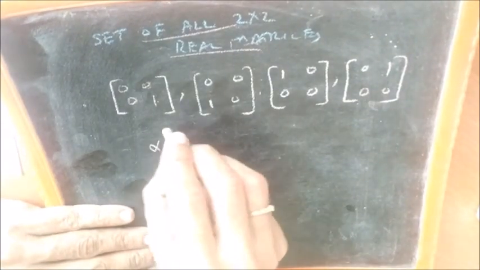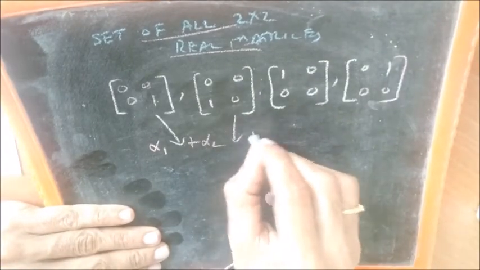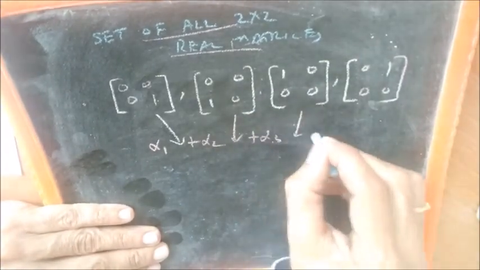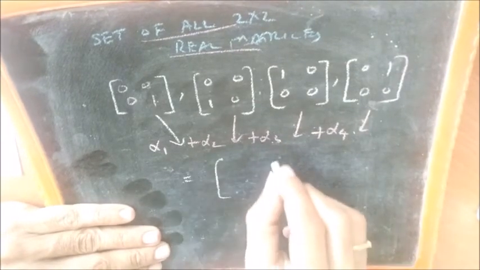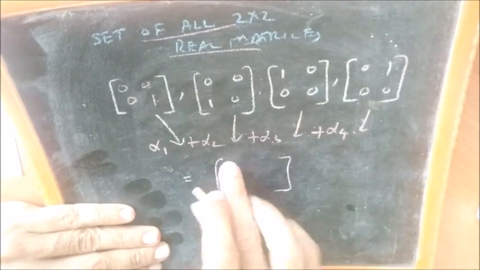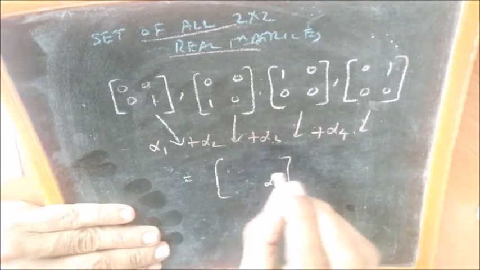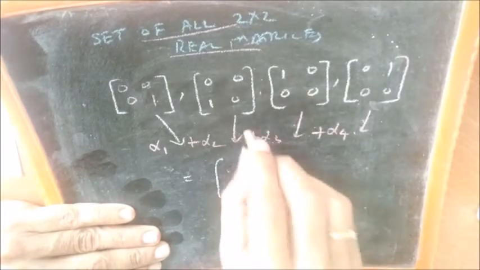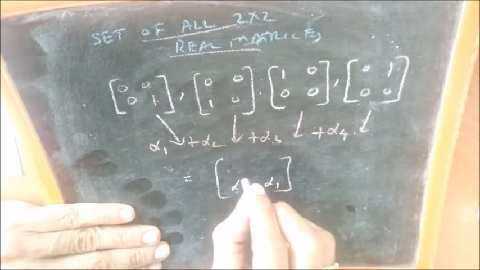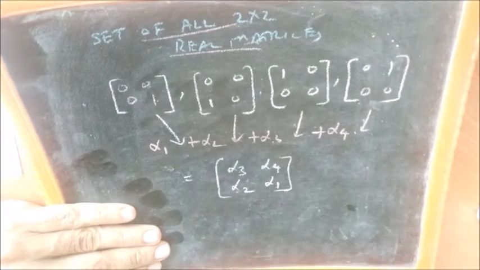So one can see that alpha 1 into this plus alpha 2 into this plus alpha 3 into this plus alpha 4 into this gives us the matrix with alpha 1 here. Of course, the order may not be the way you wanted it. Alpha 2 here, alpha 3 here, and alpha 4 here.